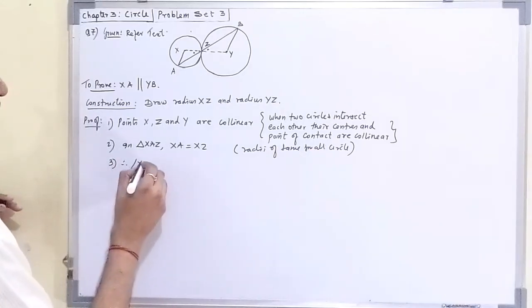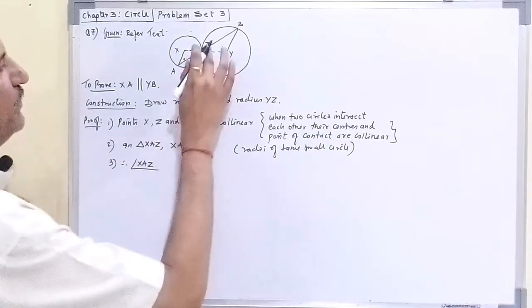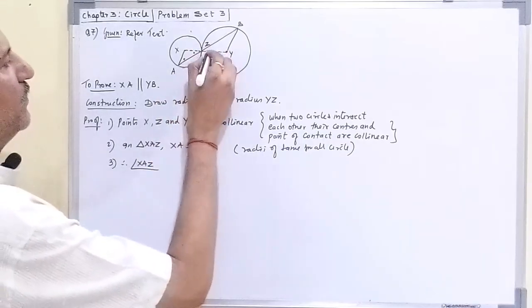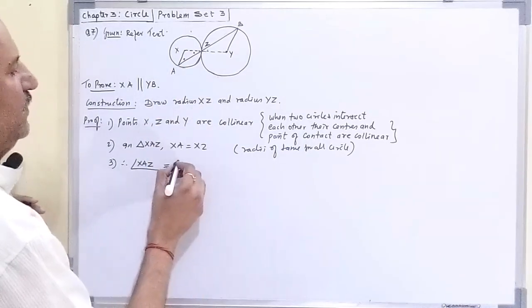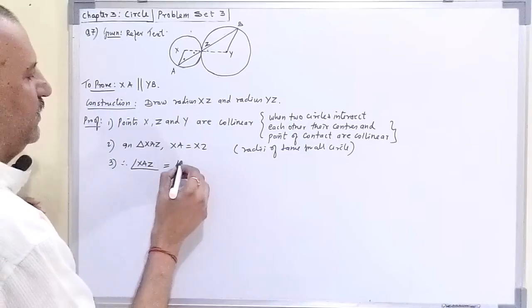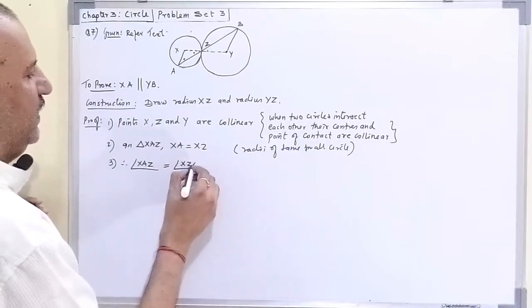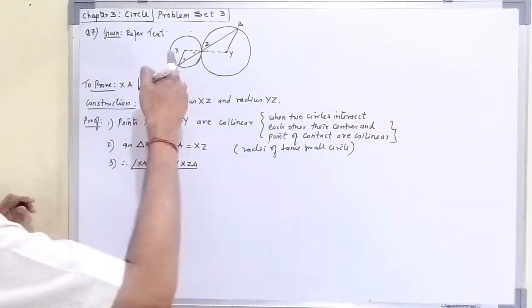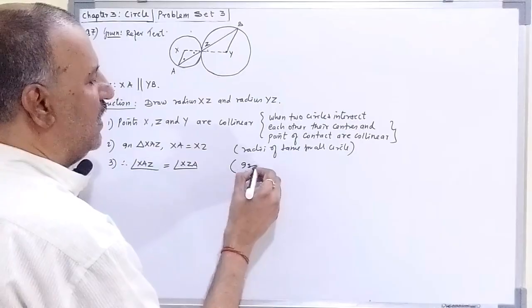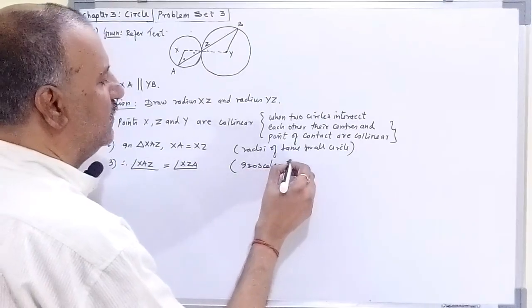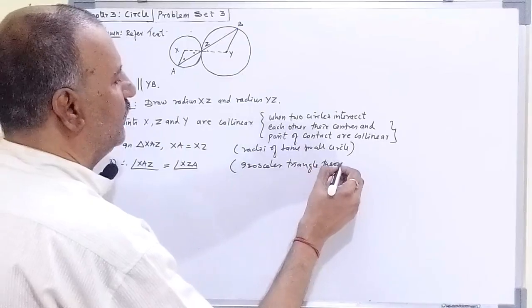Therefore, angle XAZ, ये दो एंगल कॉन्ग्रुएंट हो जाएंगे। देखो XAZ इक्वल टू एंगल XZA, XAZ congruent to angle XZA, isosceles triangle theorem.